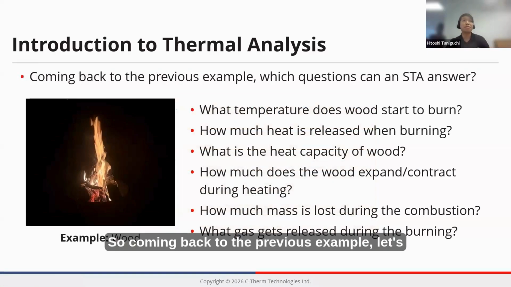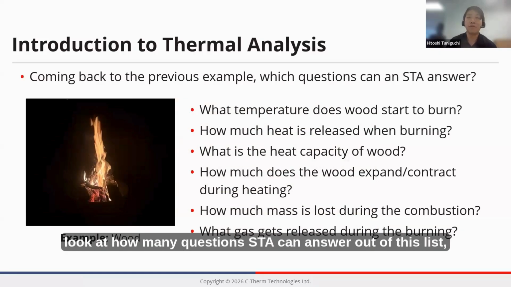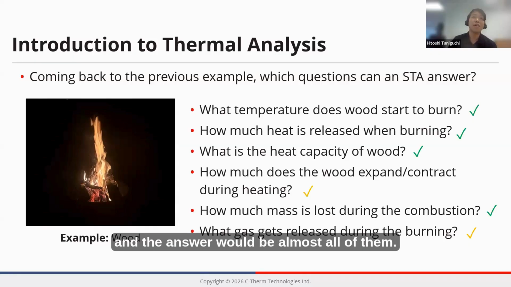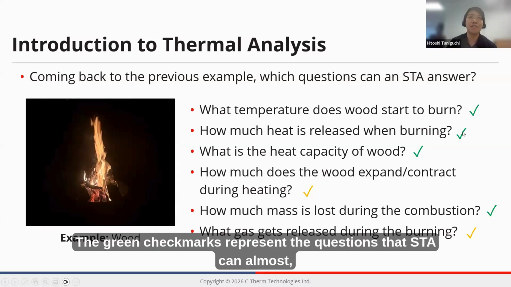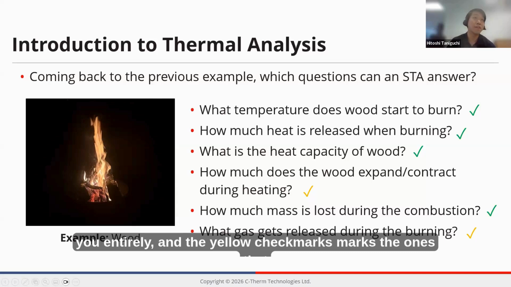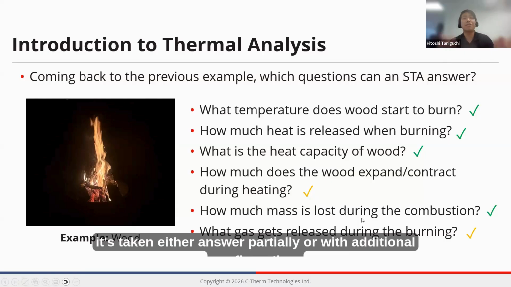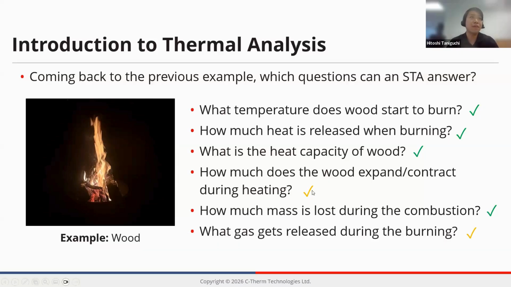Coming back to the previous example, let's look at how many questions STA can answer out of this list, and the answer would be almost all of them. The green check marks represent the questions that STA can almost entirely answer, and the yellow check marks mark the ones that STA can either answer partially or with additional configuration.